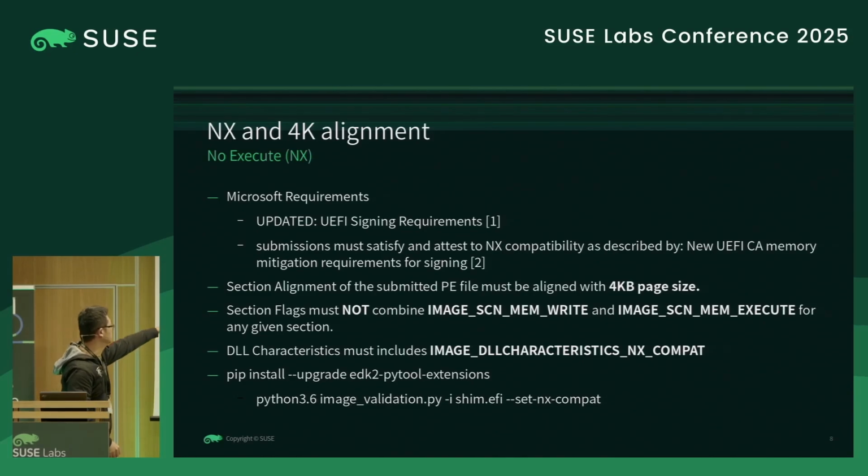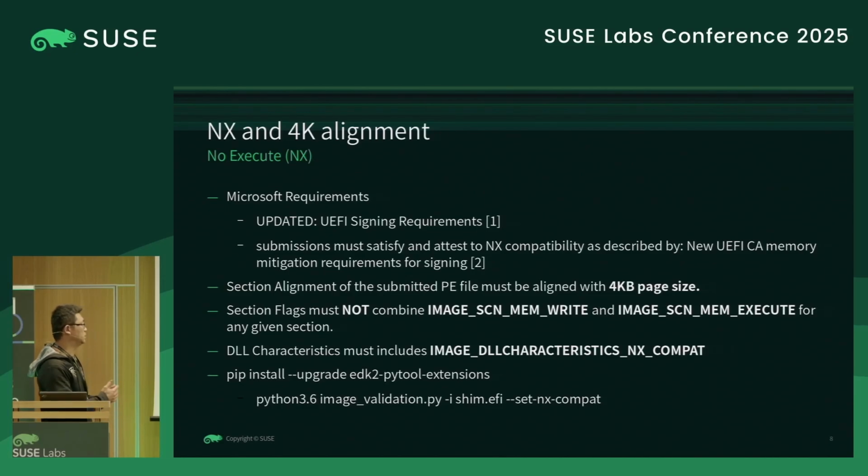At the same time, a section flag cannot combine write and execute. As I said, it can be an executable region, but it cannot also be writable. It's dangerous. Then our PE binary should set one flag, the NX compat flag, in the PE header.